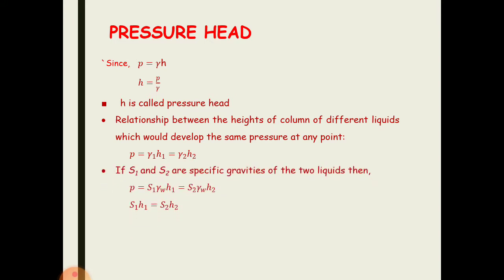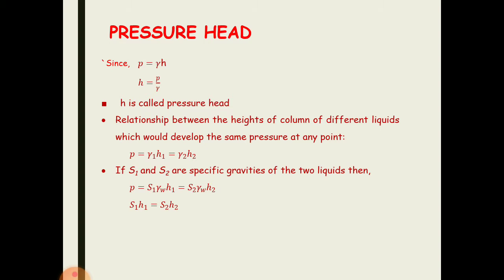If S1 and S2 are the specific gravities of the two liquids, then the equation leads to S1 H1 is equal to S2 H2. It means for a particular pressure, the head will be larger for the low density fluid.